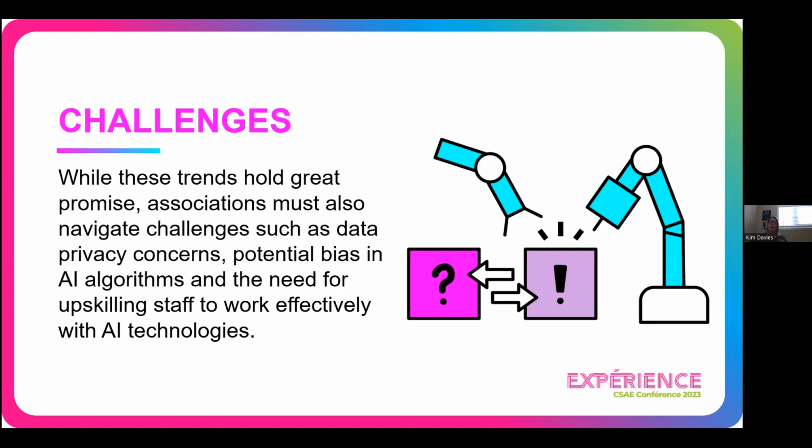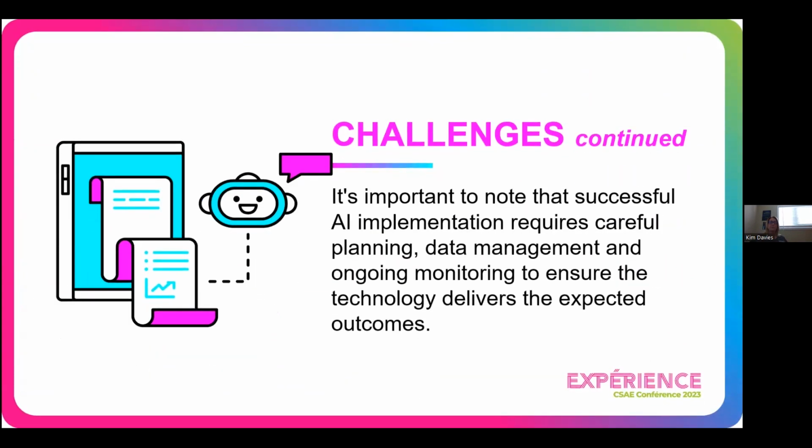Ensure diverse and inclusive training data is included, and then of course establish an ethical AI guideline. Just one last thing in terms of challenges. Addressing these requires careful planning, it requires ongoing monitoring, and then a commitment to both ethical and responsible AI use.